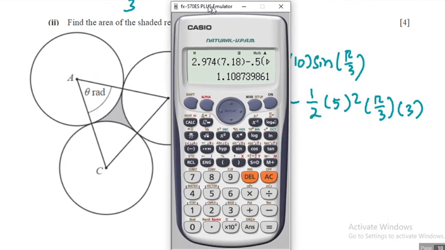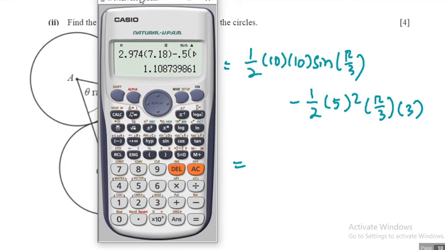What do you think? Don't worry, when you do more, you will find it easy. So please do. Every day do 3 questions should be fine. Times 100, why do I times 100? Because this is 100. You can also type one by one, no problem. Sine pi over 3, so this is 1. Then I minus this part here.